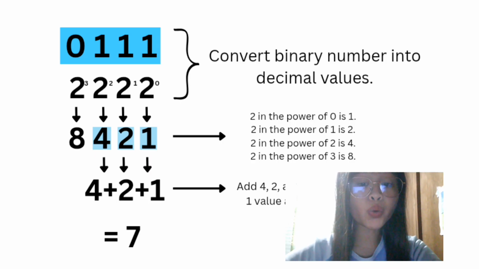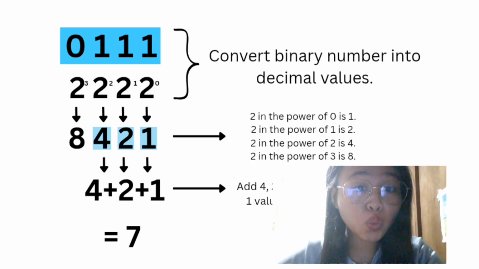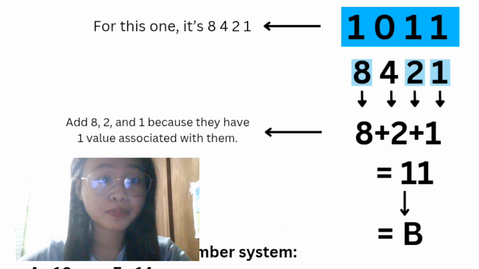So, 2 to the power of 0 is 1, 2 to the power of 1 is 2, 2 to the power of 2 is 4, and 2 to the power of 3 is 8. Add 4, 2, and 1 because they have one value associated with them. So, 4 plus 2 plus 1 is equal to 7.